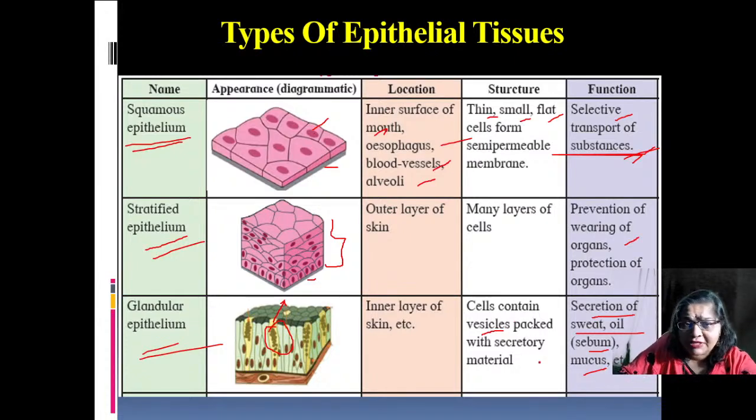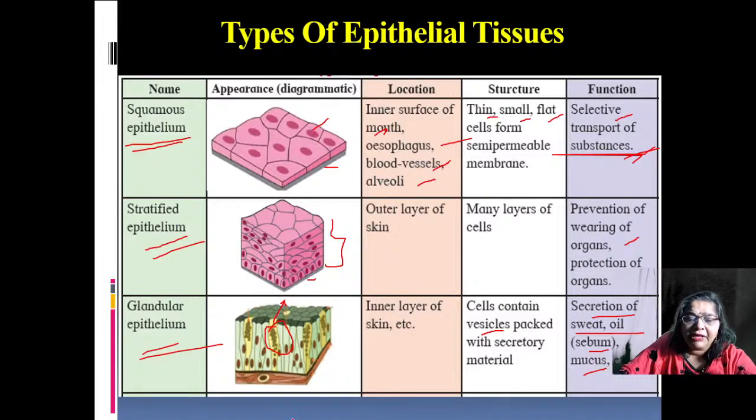For example, during cold or cough, the glandular cells of the nasal chambers produce mucus, the sticky substance, and let all the infection out of that particular area. So this is the main function of the glandular epithelium.